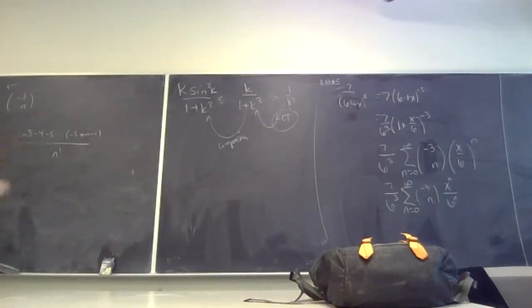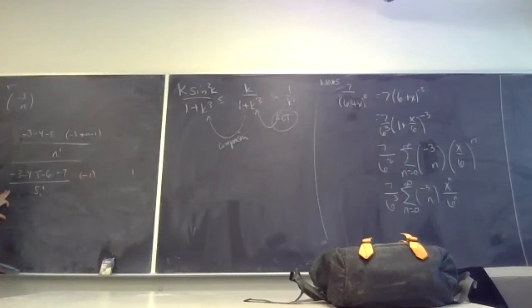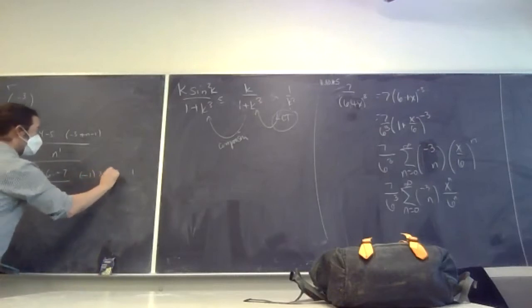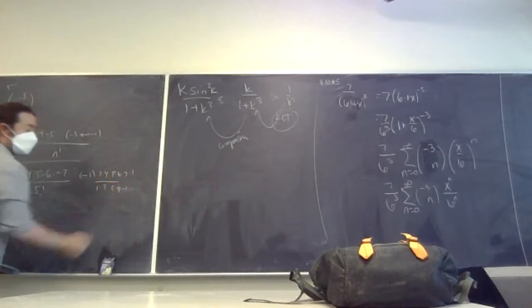this is actually easier to show you what's going on with a concrete example. So let me show you some terms, and I'll show you what the pattern turns into. -3 times -4 times -5 times -6 times -7 over 5 factorial. That's the fifth one, right? That gets you -1 times 3 times 4 times 5 times 6 times 7 over 1 times 2 times 3 times 4 times 5.